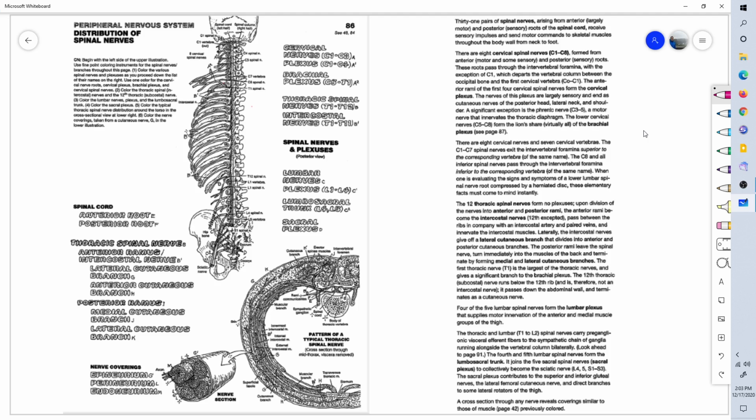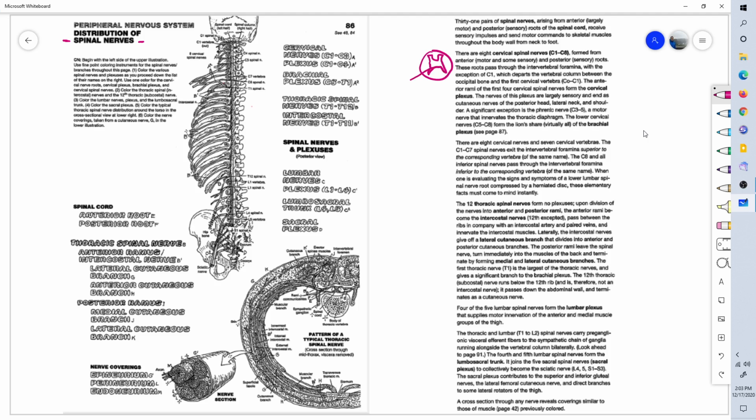So the spinal nerves, as you know, is that short little section of nerves. We talked about the spinal cord. Let's say you have the posterior root here. Or maybe that's the anterior root, and then we'll have the posterior root down here.